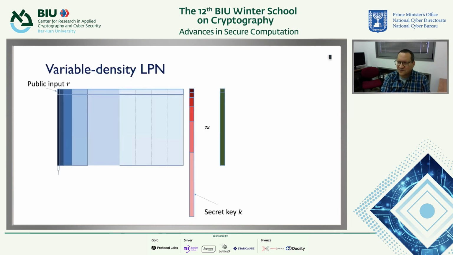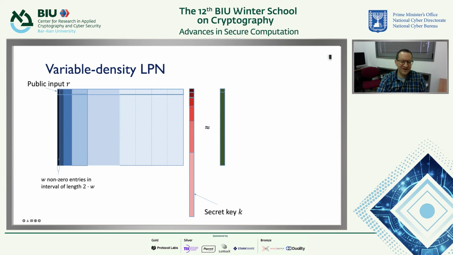This is just in a picture how the variable density LPN assumption, which is equivalent to the security of the weak PRF, looks like. It's the same as the dual LPN that I've shown before, except that we change both this matrix H, the compressive matrix, and the noise distribution to have this exponentially variable density. Think of W as being roughly the security parameter.